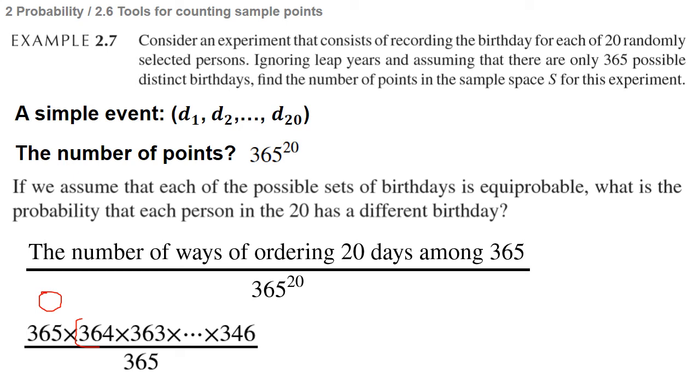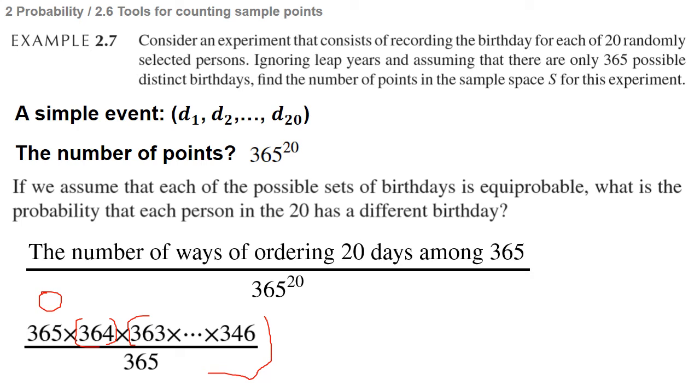So there's this number of possibilities. And for the third day, since you already picked 2 days previously, the number left is 363, and so on. And so this is the probability that each person in the 20 has a different birthday.